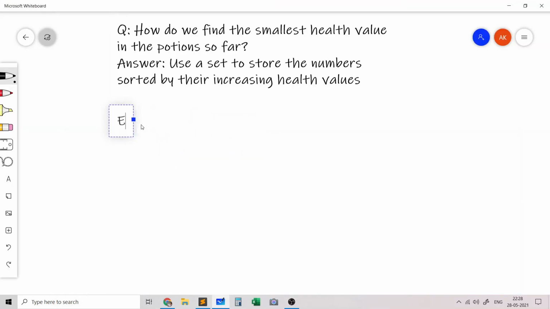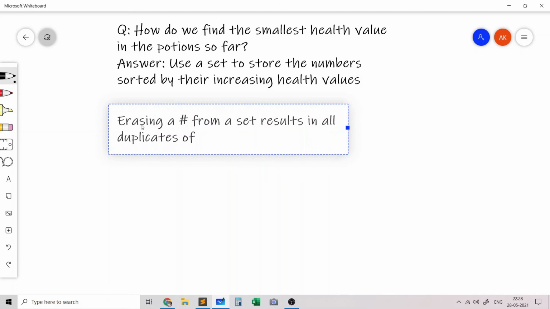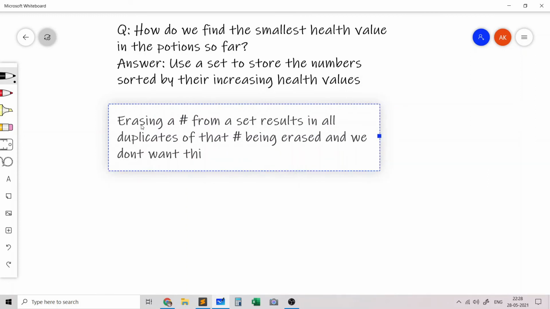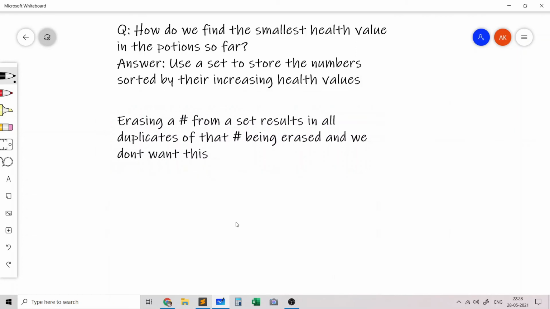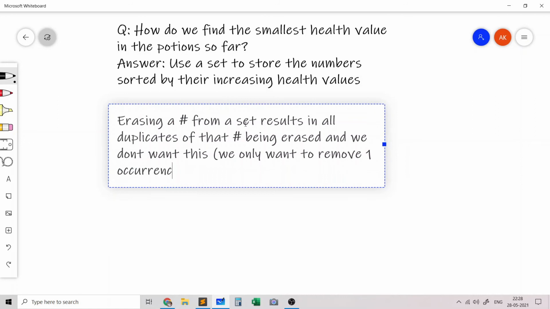So erasing a number from a set results in all duplicates of that number being erased, and we don't want this. The reason is that we don't want to remove all occurrences. We only want to remove one occurrence of the smallest number.